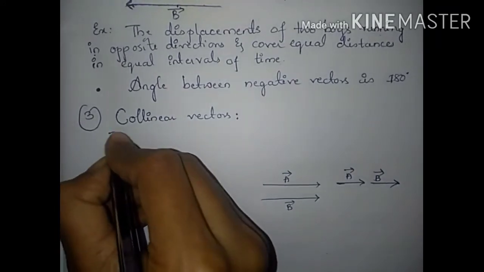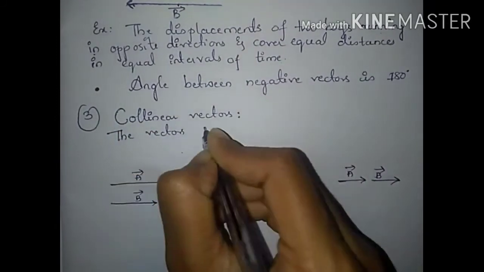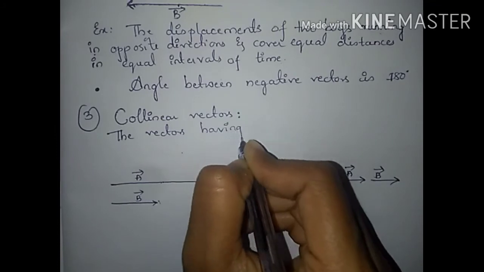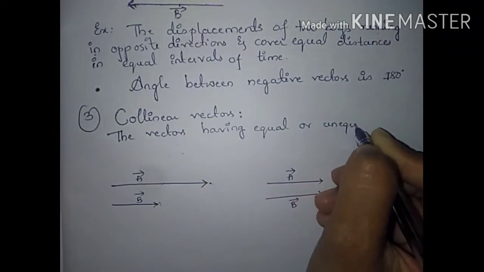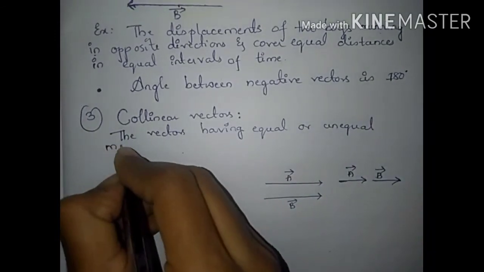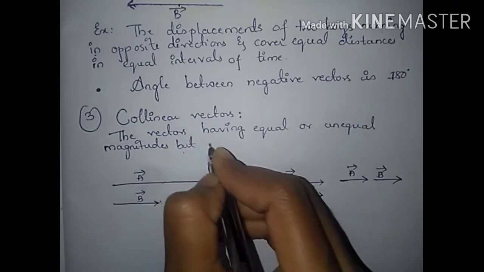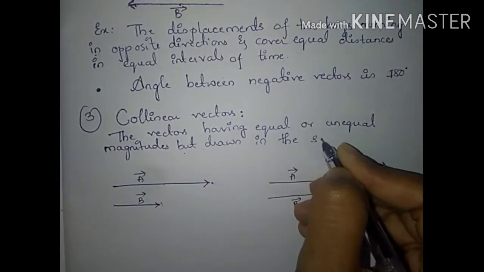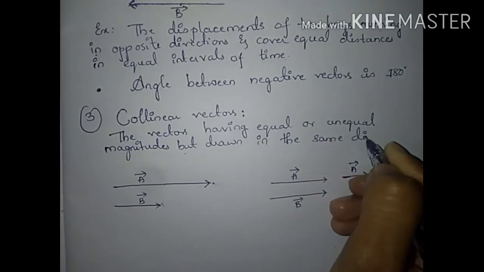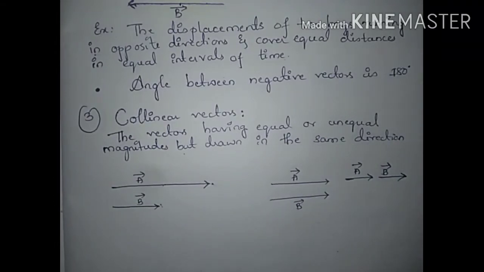So the definition is the vectors having equal or unequal magnitudes but drawn in the same direction. Such kinds of vectors are known as collinear vectors.